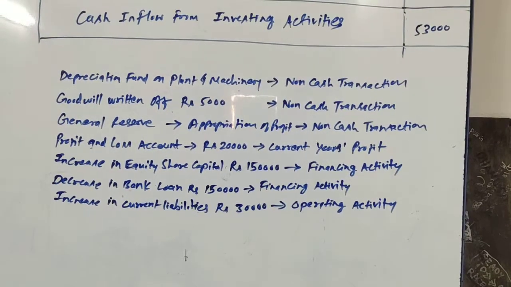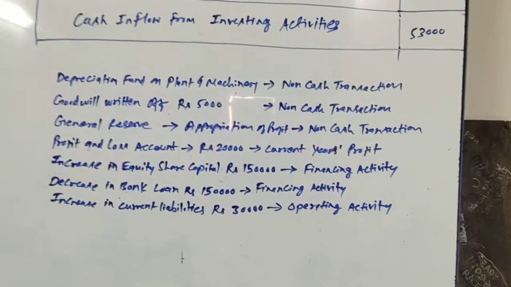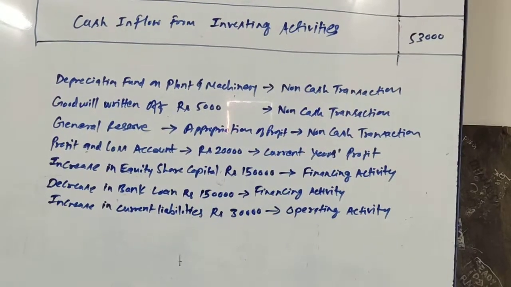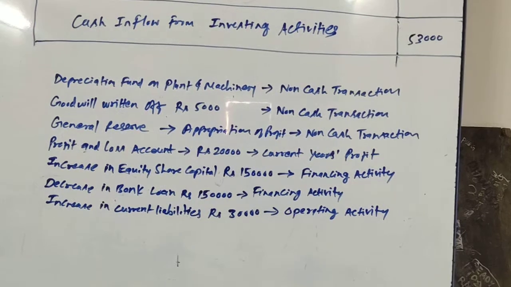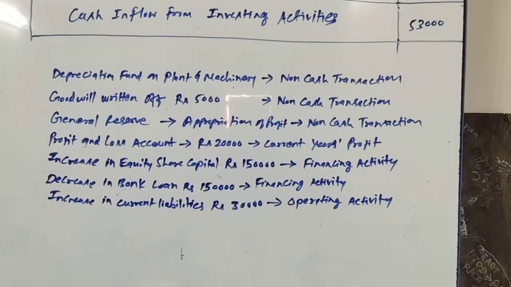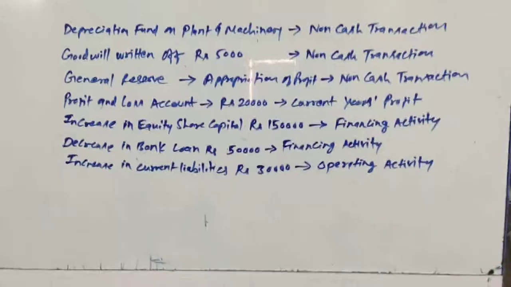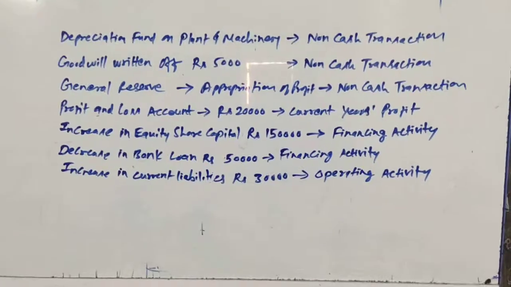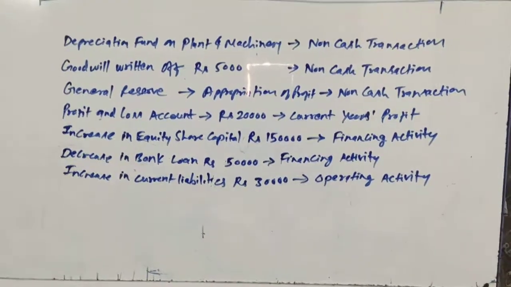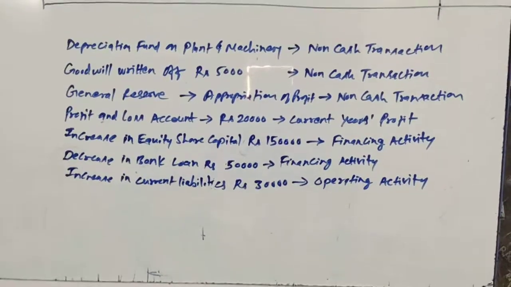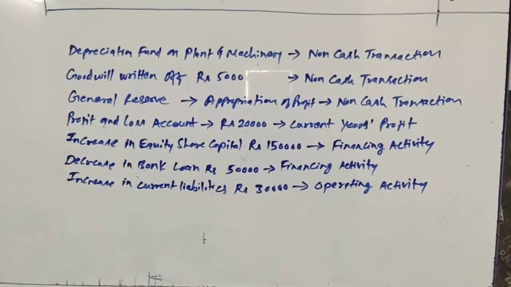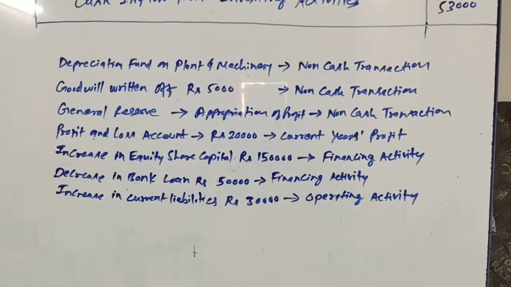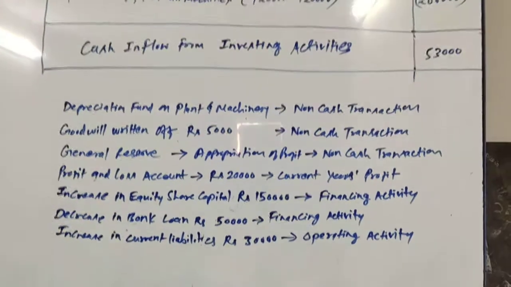Then increase in equity share capital rupees 1,50,000, it is a financing activity, cash inflow from financing activity. Decrease in bank loan rupees 50,000, it is also a financing activity, a cash outflow from financing activity. And then increase in current liability rupees 30,000, which is an operating activity.